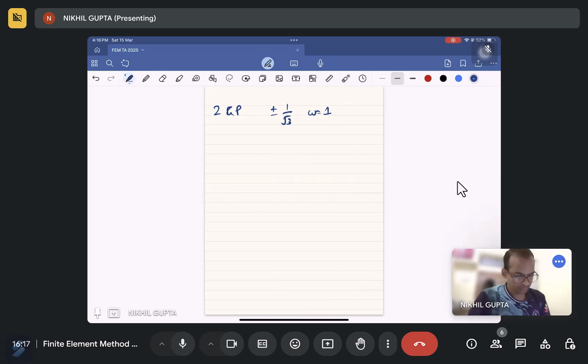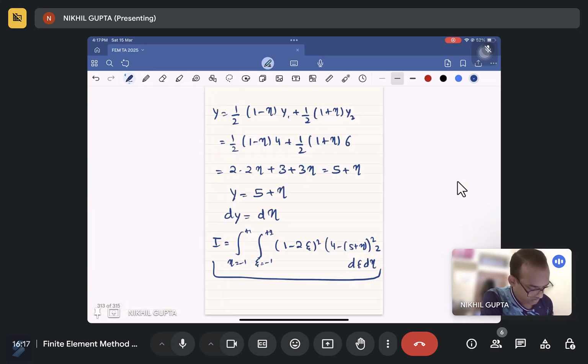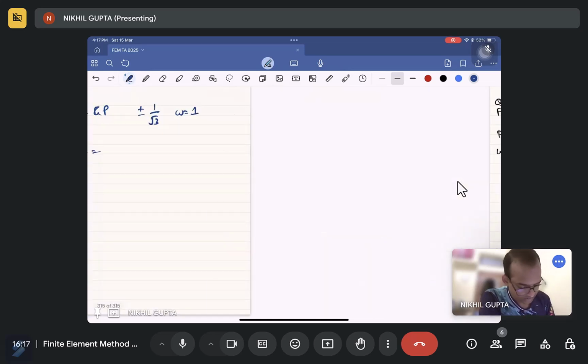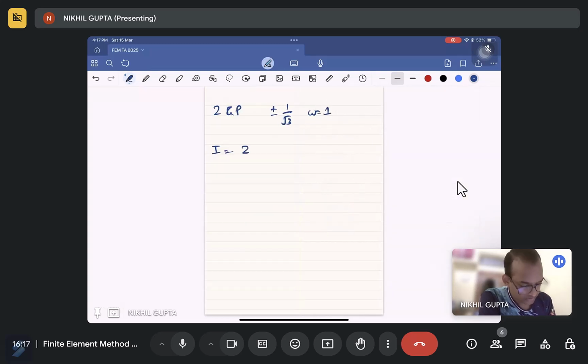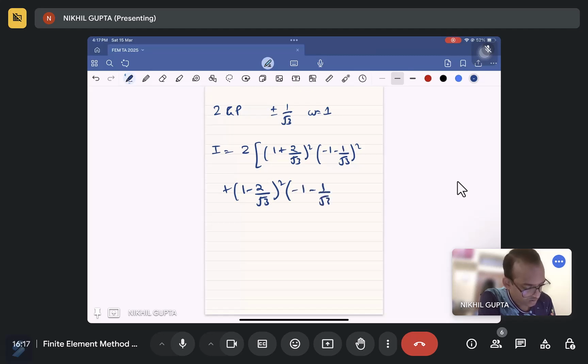So let's put this: I is equal to, let's take this 2 out first. So 2 is out and we'll put (1 plus 2 by root 3) whole square minus (1 by root 3) whole square, plus (1 minus 2 by root 3) whole square minus (1 by root 3) whole square.